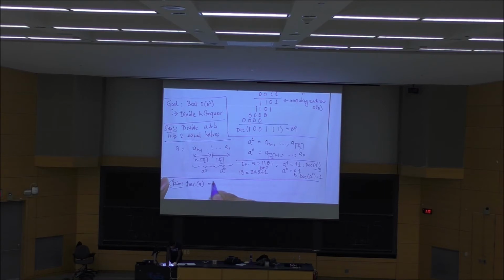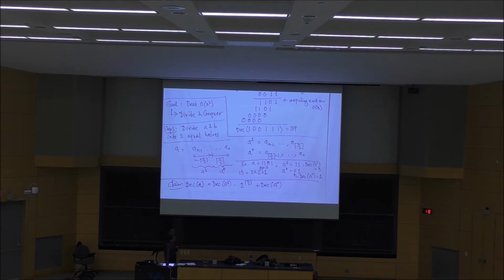This is the same as the decimal equivalent of A1 multiplied by 2 to the ceiling of n over 2 plus the decimal equivalent of A0. Now if you look at this expression, this is exactly what you get when you replace n by 4 in this case.